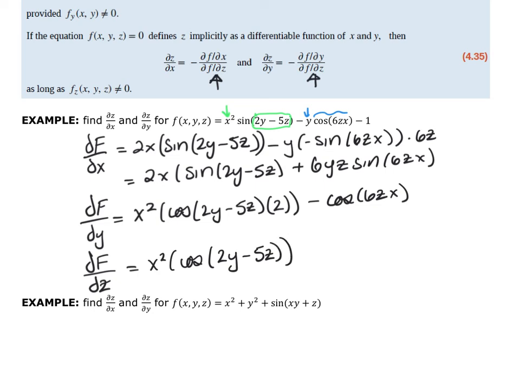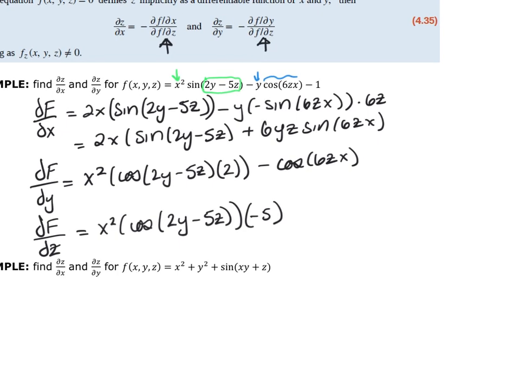And then I'm going to multiply it by my angle, which happens to be the 2y minus 5z, and 2y is considered a constant, so it's just negative 5. And then I have minus, my y is going to be considered a constant, so that's coming along for the ride. The angle is where I see my z, so that I'm going to do the derivative of cosine, which is going to be negative sine of 6xz, and then multiplied by the derivative of that angle, which is just 6x.